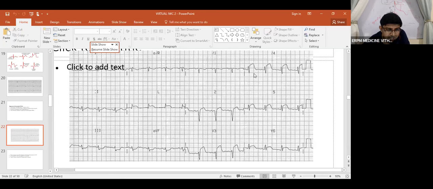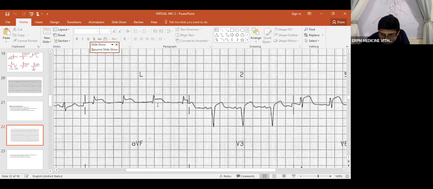Anterolateral MI. Why do you say lateral? Because of V5 and V6. What is this? This is AVL, isn't it? This is lead 1. In AVL and lead 1 also there is ST elevation. Can you see the elevation here?